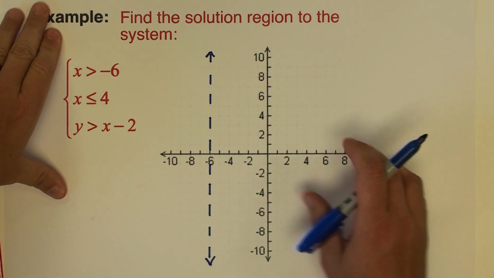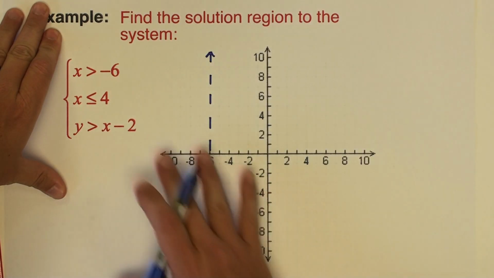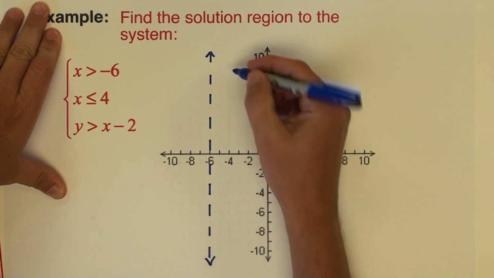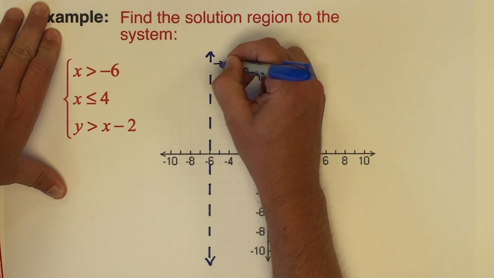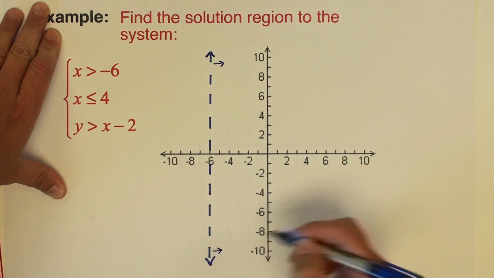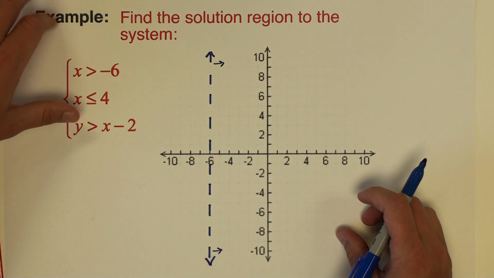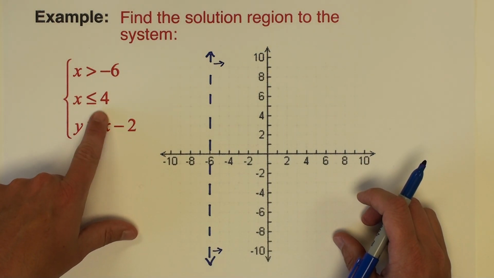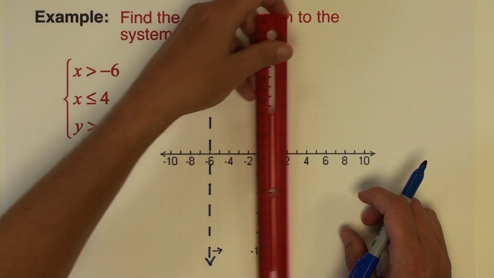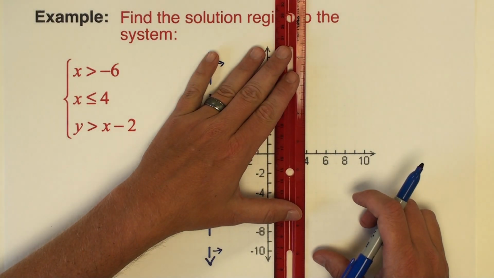Now, I don't want this graph to get super busy, so all I'm going to do, just to remind myself later, is I'm going to put little arrows to the right of that line, okay? And then later on I'm going to come in and fill it in when I'm all done. Next inequality, x is less than or equal to 4. So we got 4 right here.